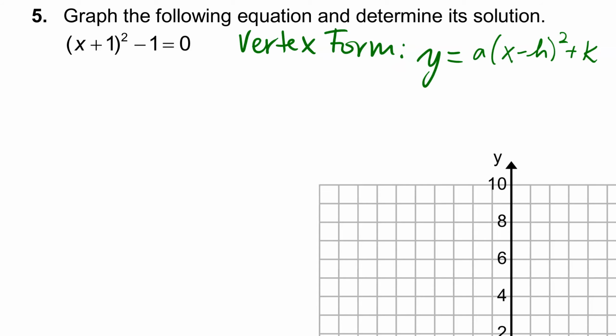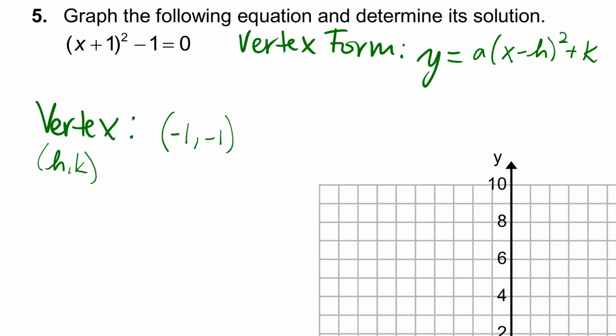So what this means is we don't actually have to do negative b over 2a, because that's only if you're in standard form. This form gives us the vertex. What's the vertex? I'll give you a hint. Vertex is h comma k. It's -1 comma -1.